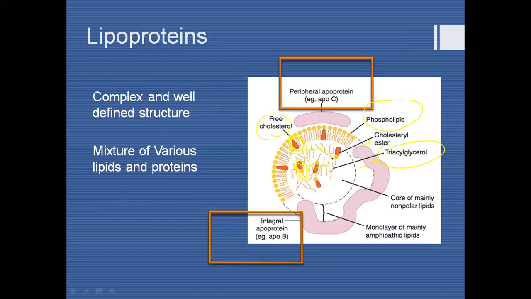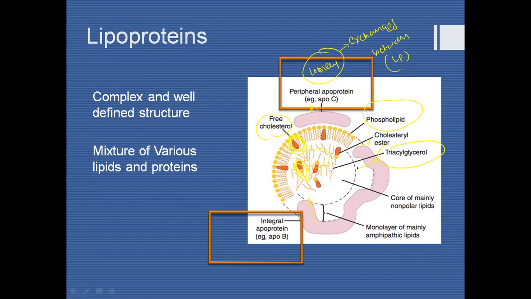Now coming to the protein part, there are two varieties of protein present. One is the peripheral protein, another one is the integral protein. Peripheral proteins will be loosely attached to the lipid part, and they can be easily exchanged between various lipoproteins.